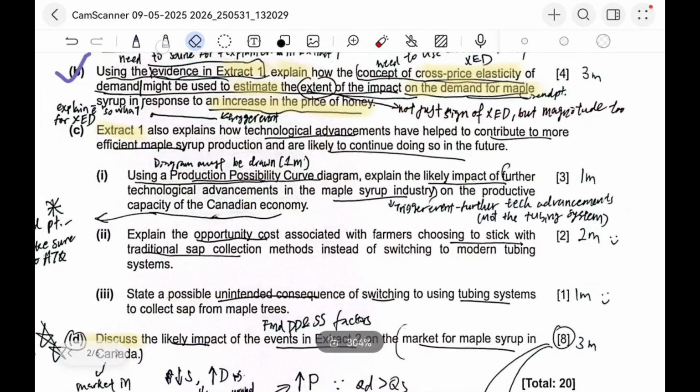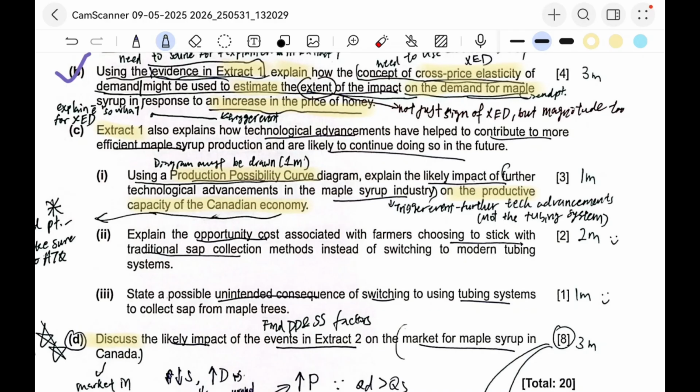Okay, C part 1, using a PPC, explain the likely impact of further tech advancement in the maple syrup industry on the productive capacity of the Canadian economy. Okay, so this is talking about how you use the tech advancement to talk about whether the Canadian economy is more productive or not.